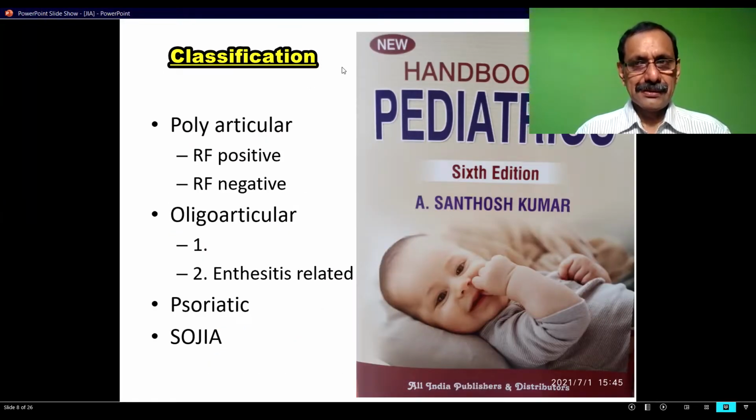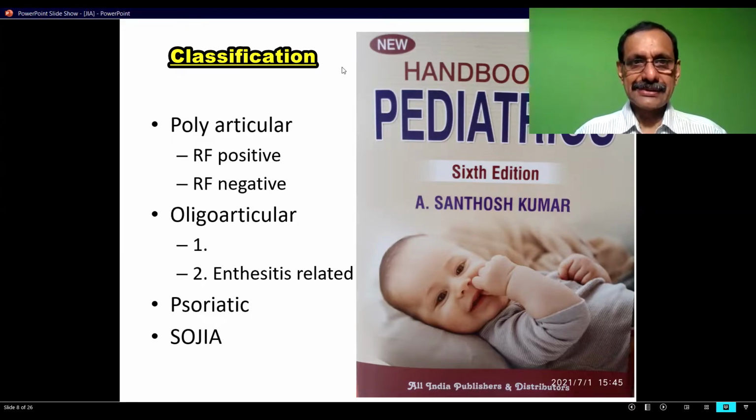We said what is juvenile idiopathic arthritis. Juvenile idiopathic arthritis is an arthritis of one or more joints lasting more than 6 weeks, where no other cause could be found. So in that there are subclassifications. One is polyarticular, which means 5 or more joints are affected in the first 6 months of the illness.